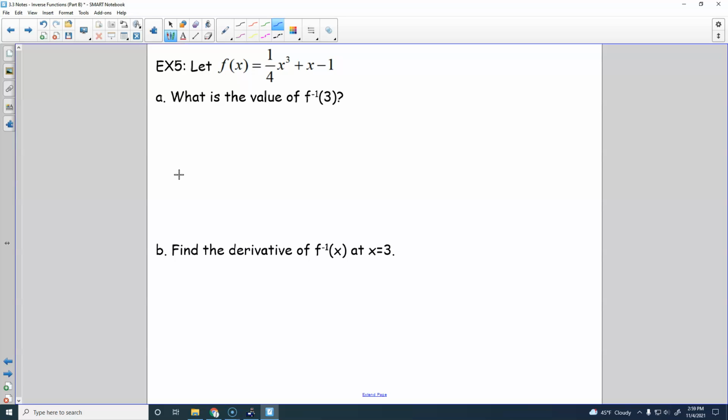I'm going to show you 2 ways to do this, and that's probably what we'll have time for today. So first of all, it says, what is the value of F inverse of 3?